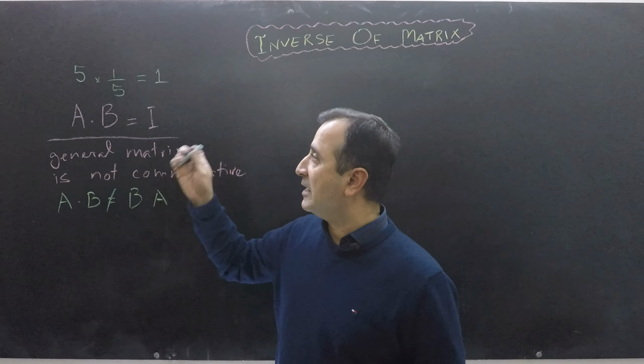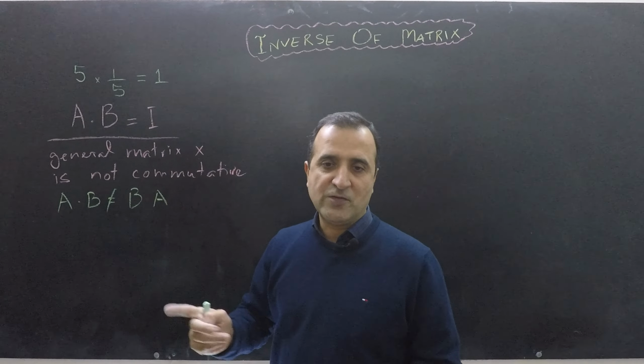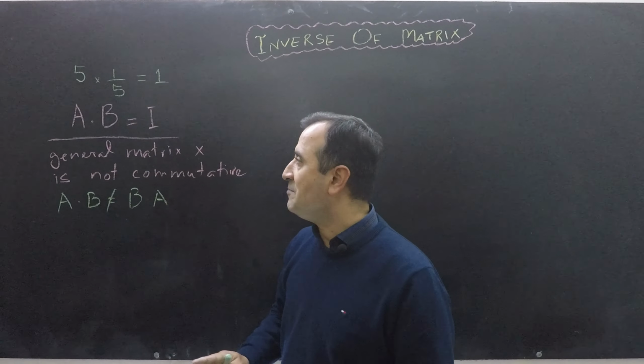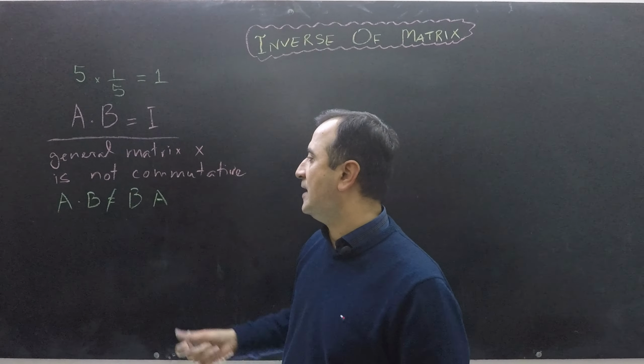But in case of inverse matrices, A and B are commutative. So if A and B are inverse of each other, then it doesn't matter if you change the order of A and B, your answer will remain the identity.